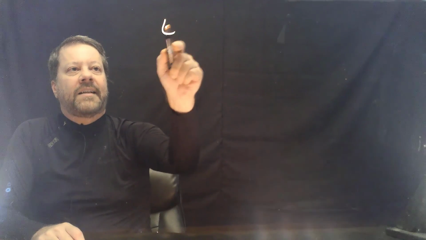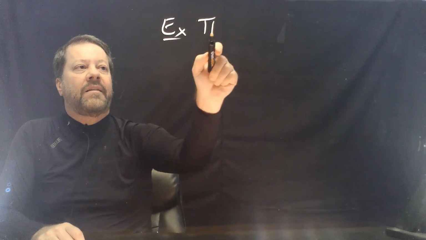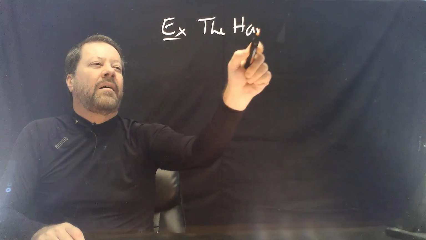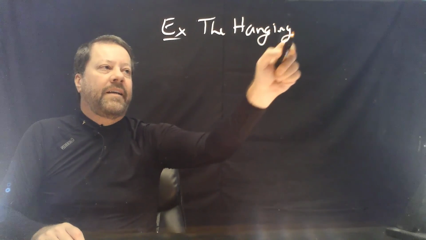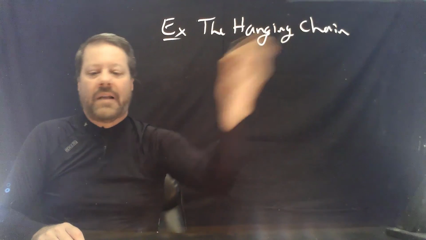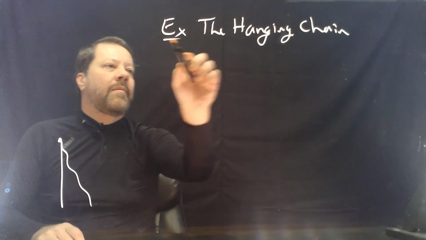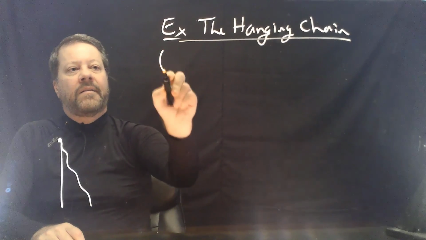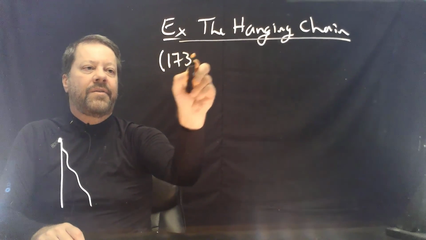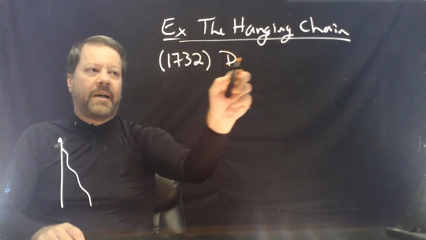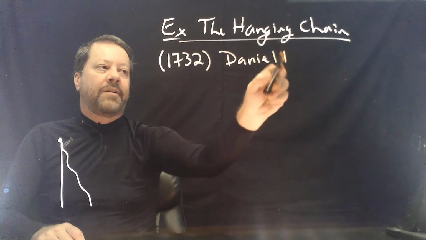A classic example would be the hanging chain, which we're allowing to move. This was discovered in 1732 by Daniel Bernoulli.